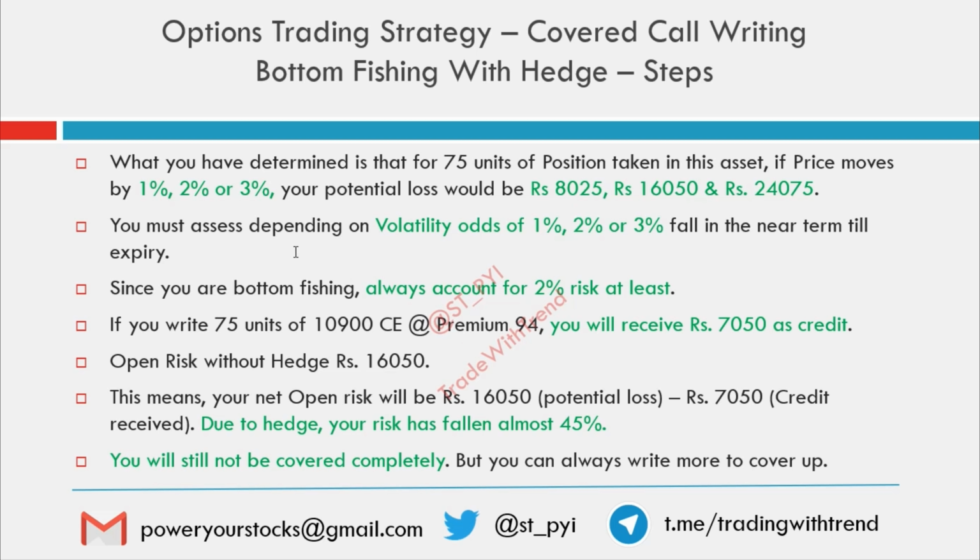Now you need to assess volatility when it comes to bottom fishing, because if volatility is too high, then you need to anticipate for how much movement you need to hedge your overall positions. That is, if the volatility is low, you can account for just 1% losses and create a hedge accordingly.